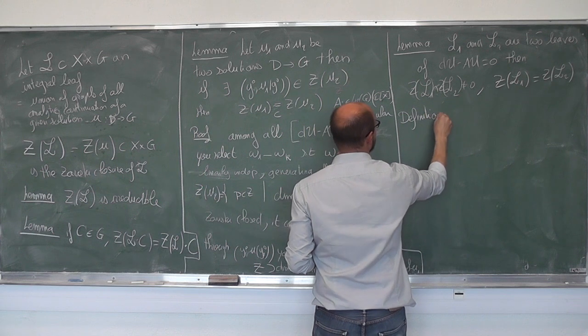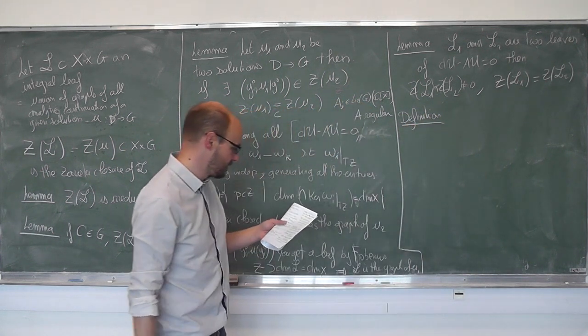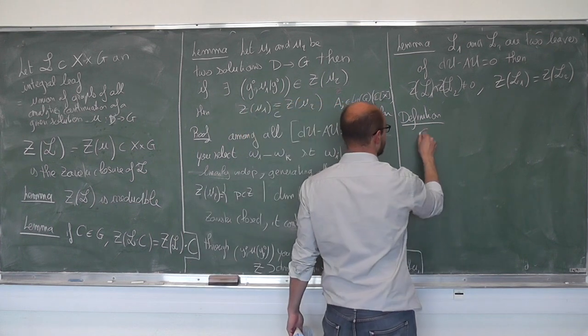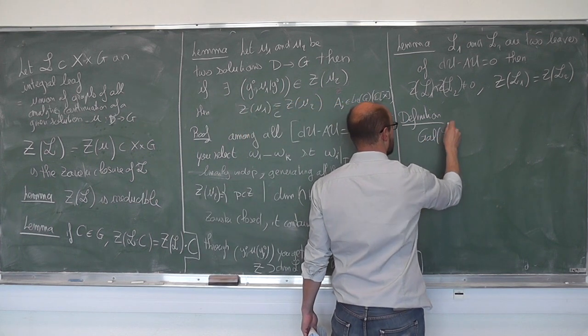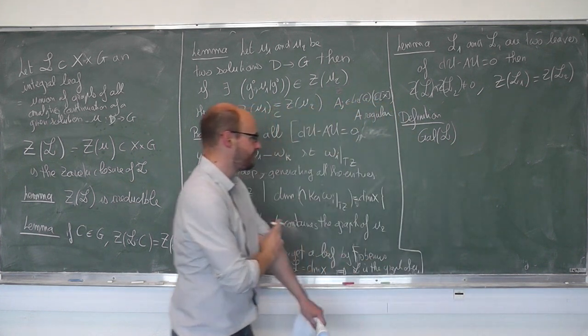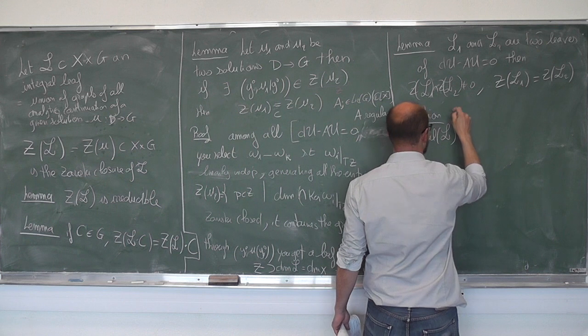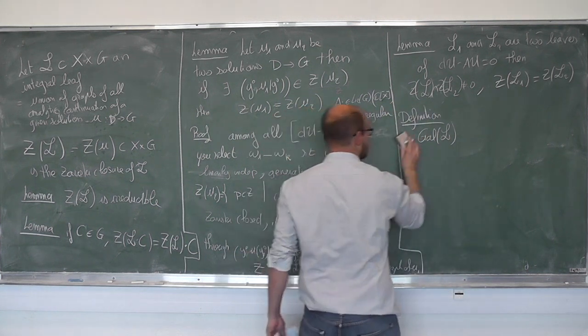Then here is the definition we have in mind, the definition of the Galois group. So what is the Galois group of our leaf L? So L is the leaf of the differential system. Start with that.